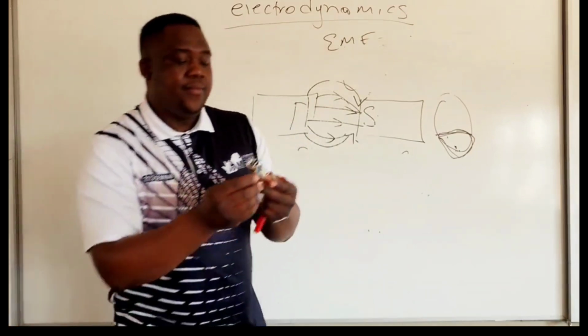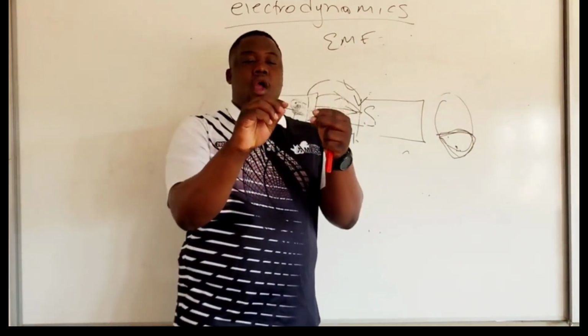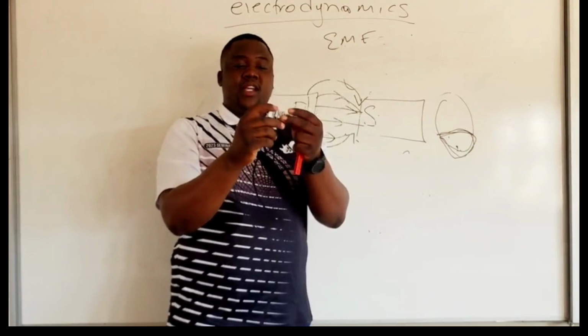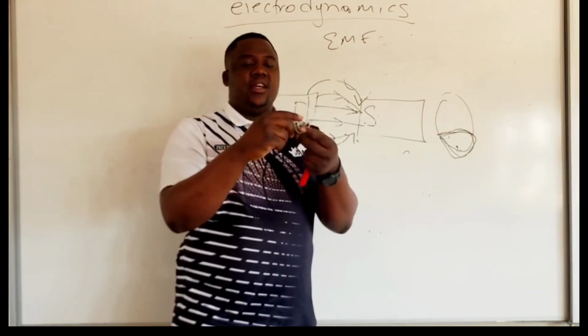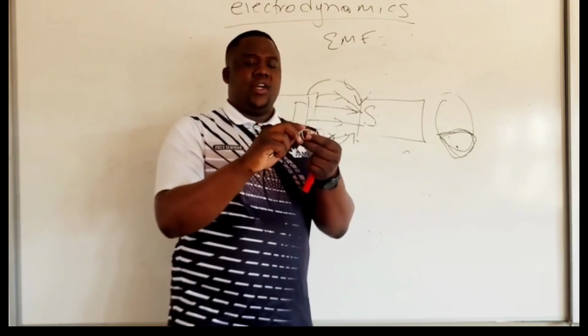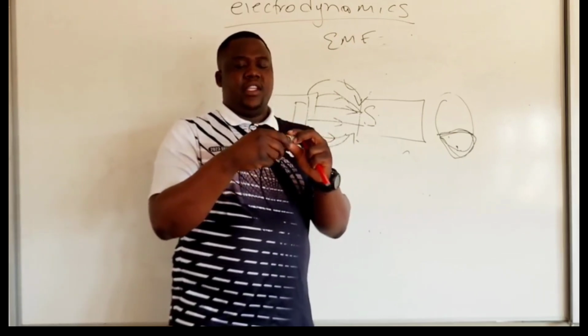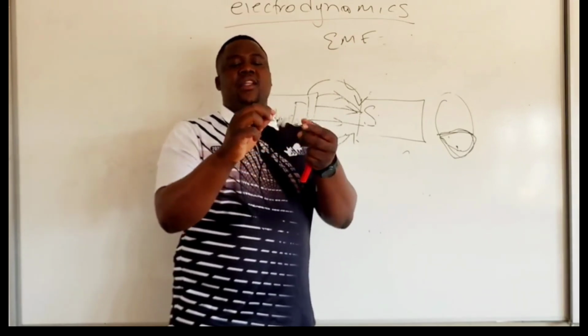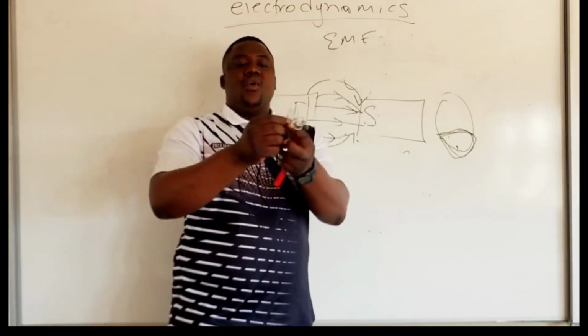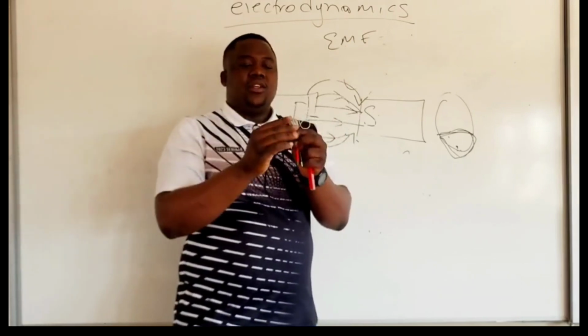Now, can you see? I've created a coil. The electric conducting wire now is in circles. You see? So when they talk about a coil, they're not just talking about something that is very difficult to understand, something that you don't know. They're just talking about an electric conducting wire which is coiled.